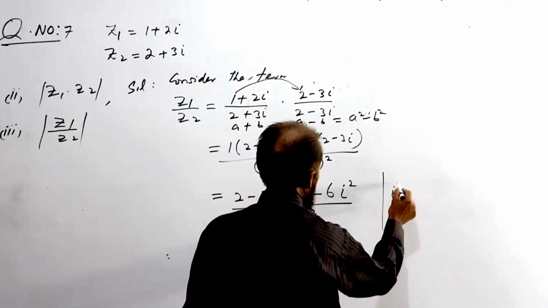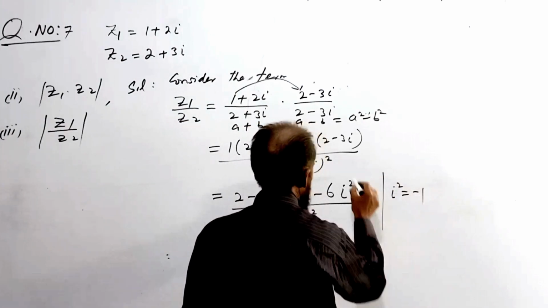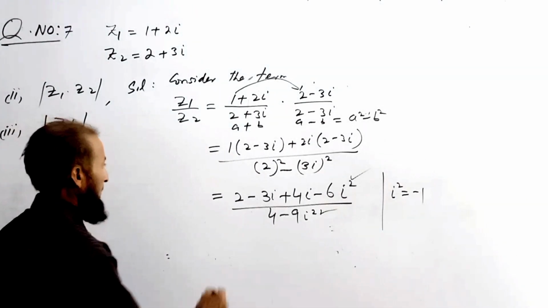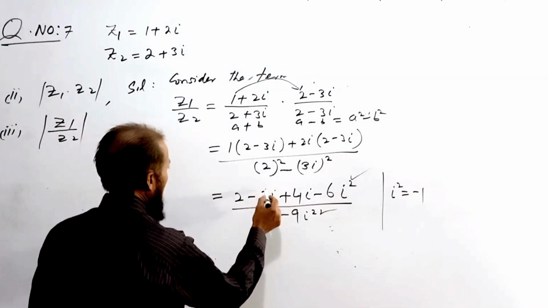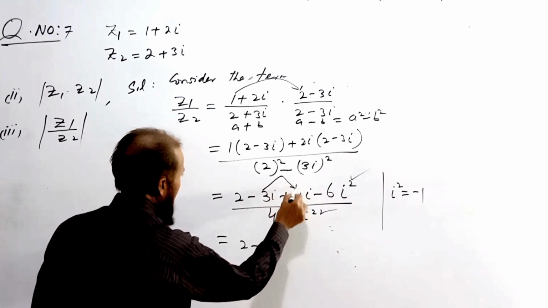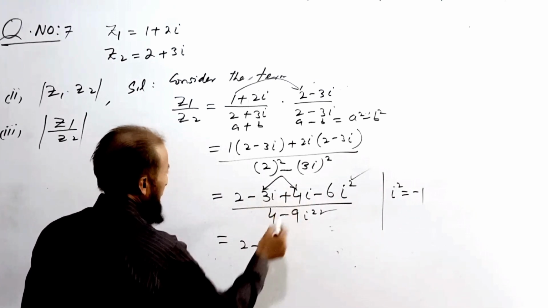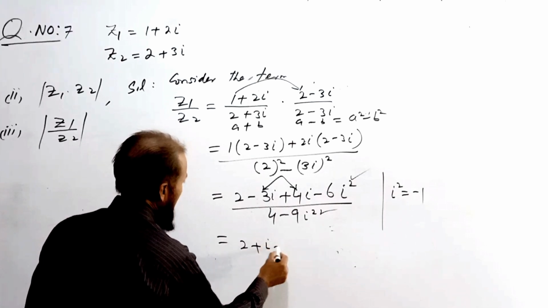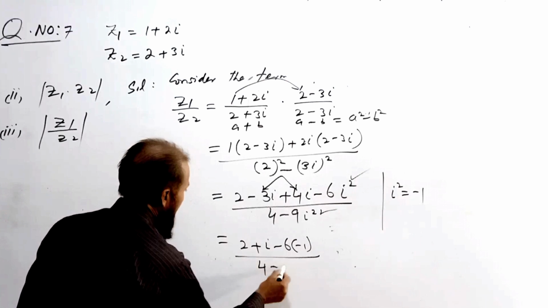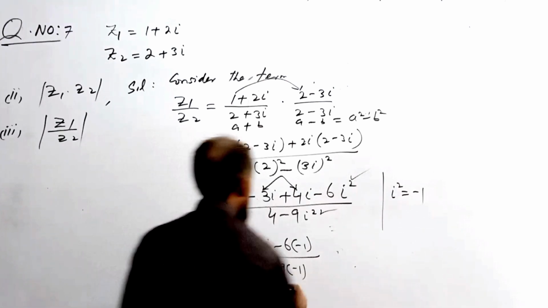Similarly, we put iota square equal to minus 1 in place of this one, in the denominator term. And these are the like terms. 2 minus, these are the like terms: minus 3 plus 4 plus iota, minus 6 minus 1, divided by 4 minus 9 minus 1.